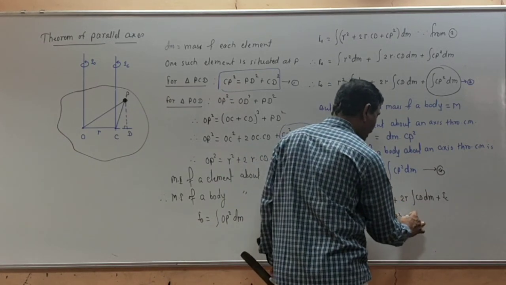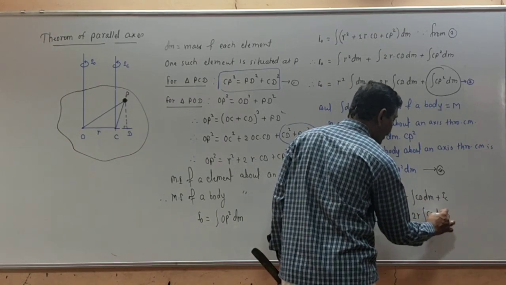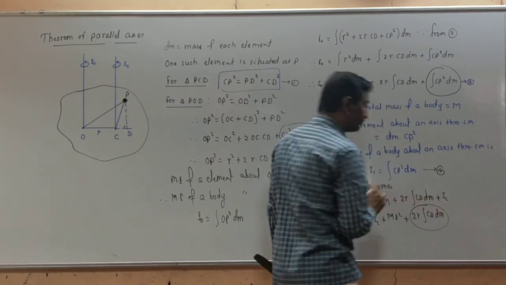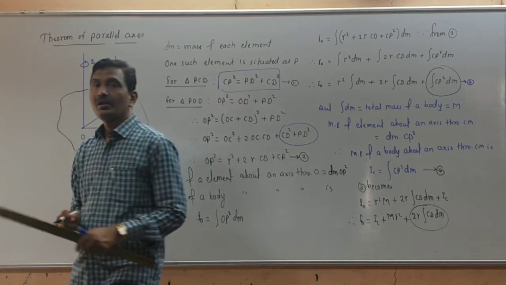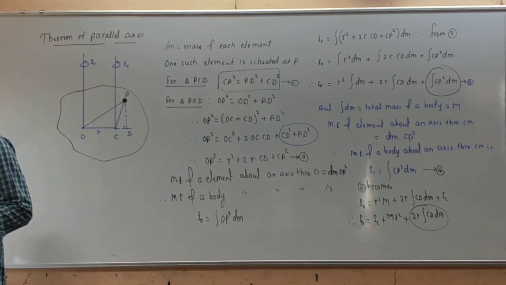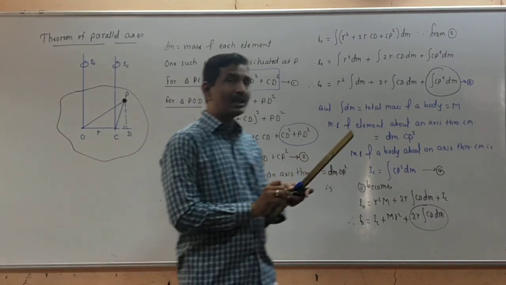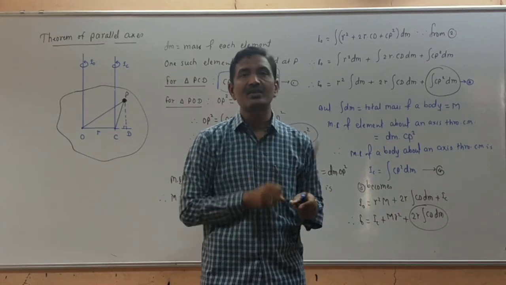Addition obeys commutative law, product also obeys commutative law. Now question is, what is the integration of CD dm? So here we consider again the assumption. C, for what? Center of mass of a body means a point at which the whole mass is concentrated.